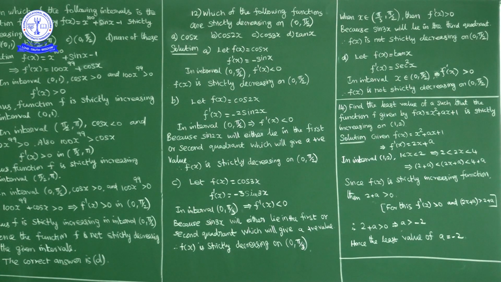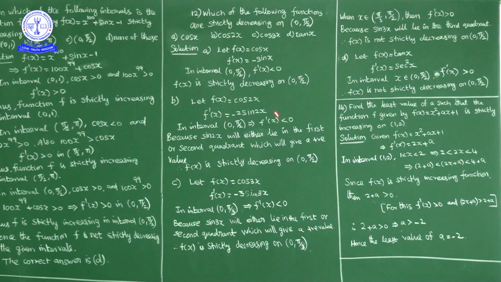As f dash of x is less than 0, f of x is strictly decreasing on 0 to pi by 2. Now cos 0 is 1, cos pi by 2 is 0. As you move from 0 to pi by 2, cos x decreases from 1 to 0. Overall cos x is a decreasing function.